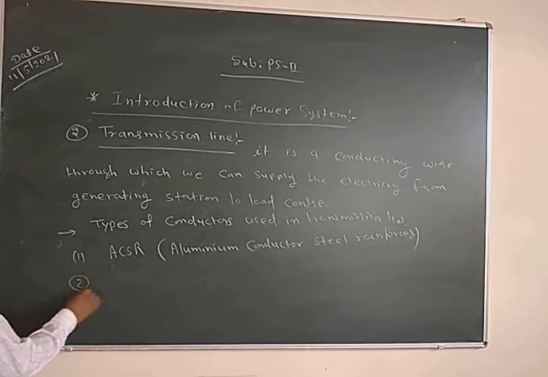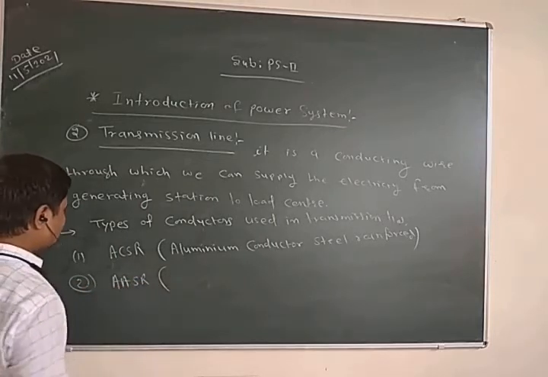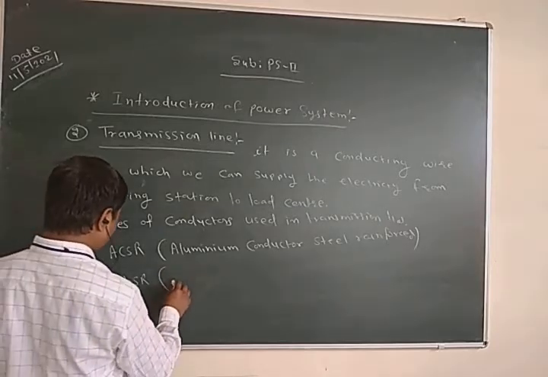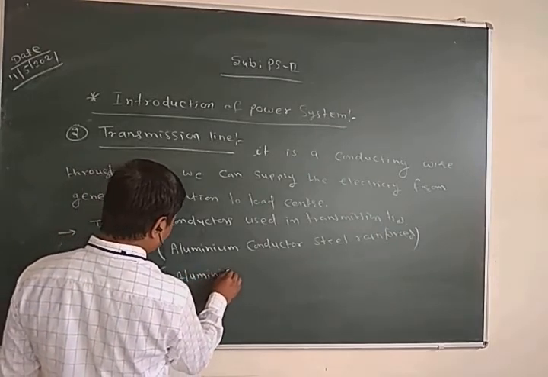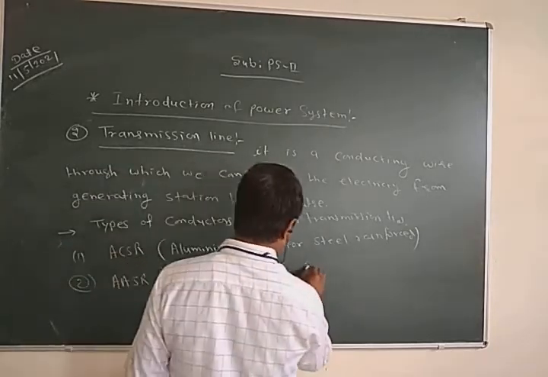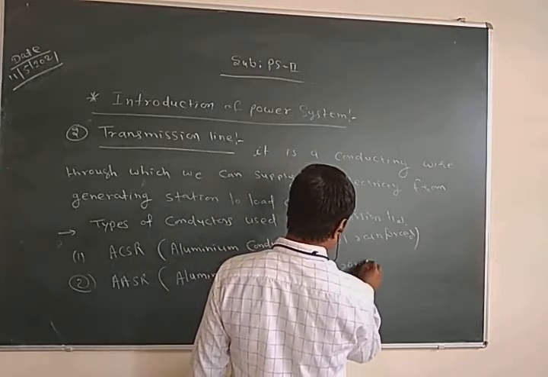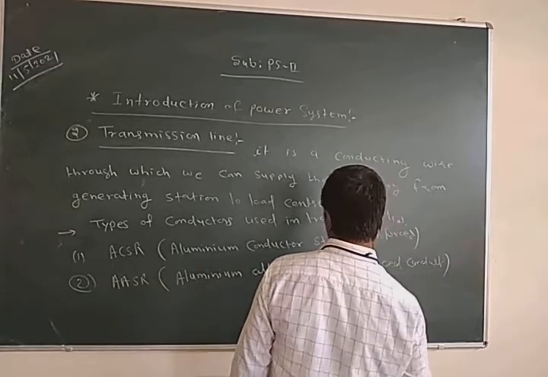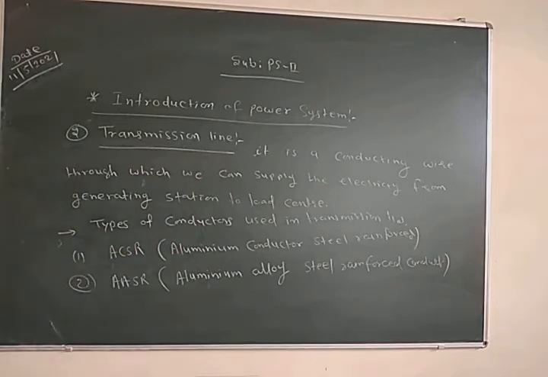Second is AAAC-type alloy conductor, aluminium alloy conductor steel reinforced. So basically we use ACSR conductors in our transmission line to transmit the electricity.